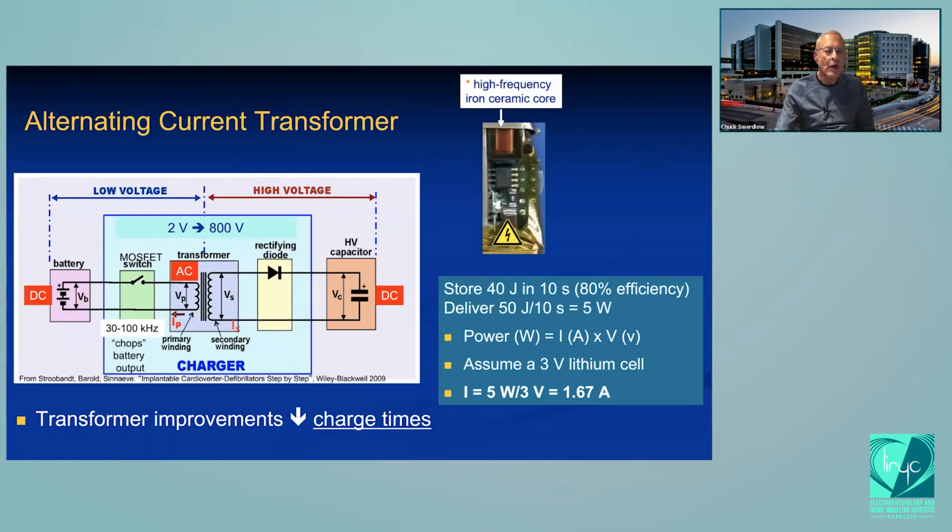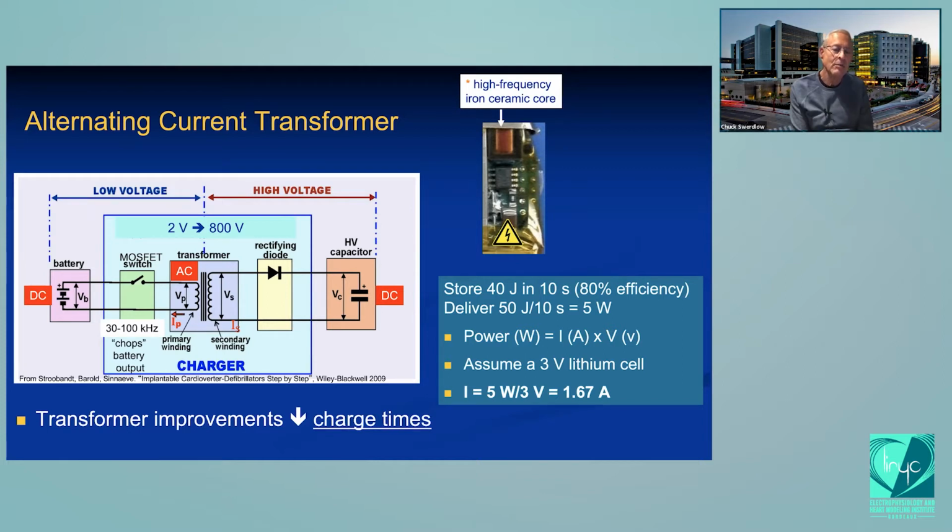Now, moving on to the question of charging circuits. A key thing, just a few points about this: when electricity comes out of a battery, this is direct current electricity, and capacitors are direct current devices, but there's no direct current device that can increase the voltage from 3 volts to 800 volts.